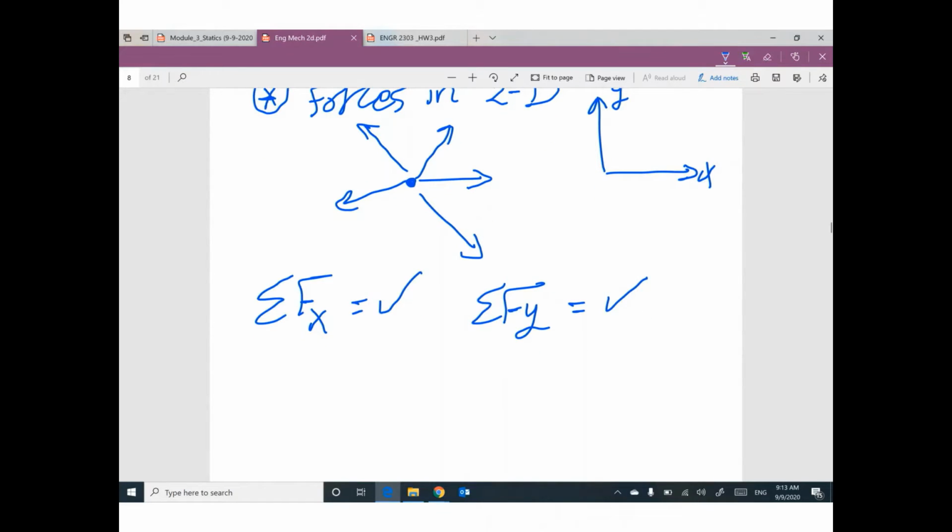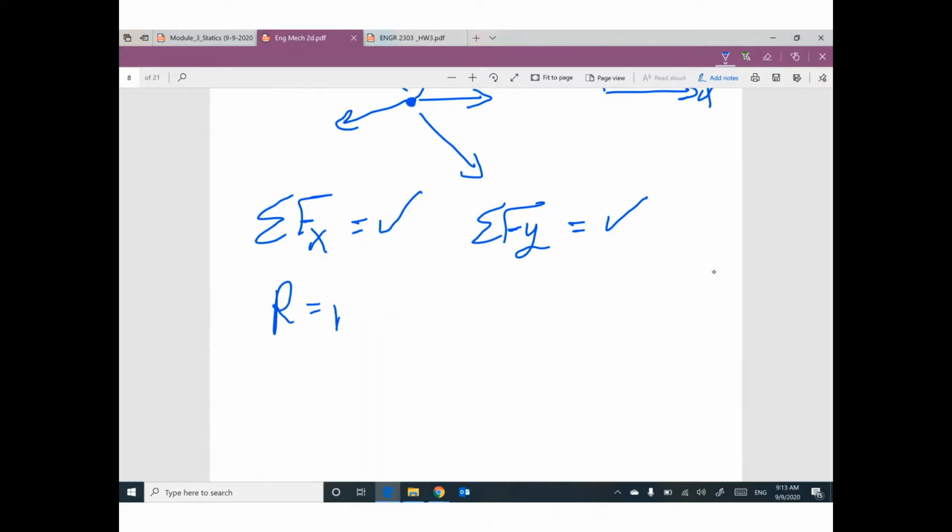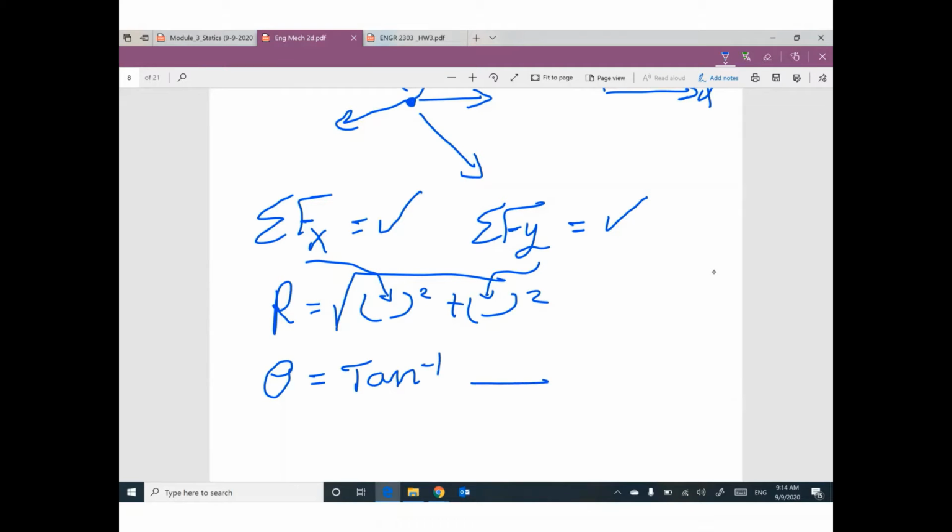I can get the resultant force equal to the square root of this number squared plus this number squared. I can get the angle for this resultant force equal to inverse tan of the summation of the vertical components divided by the summation of the horizontal components.